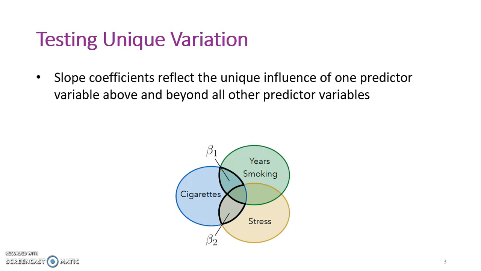In our smoking example, we have the cigarettes outcome and we have stress and years smoking as predictors. Where the scores co-vary is where the Venn diagrams overlap. So where the Venn diagrams overlap between cigarettes and stress represents the slope coefficient for stress on the smoking outcome, and the same for years smoking. I've highlighted these in this figure to show you.